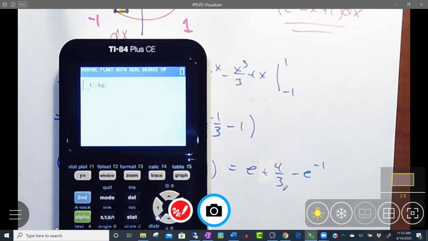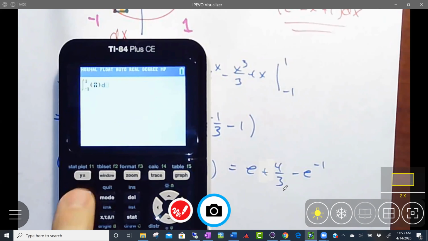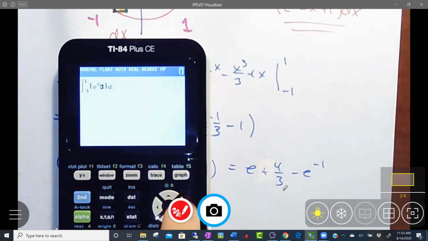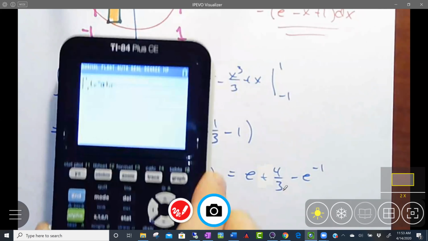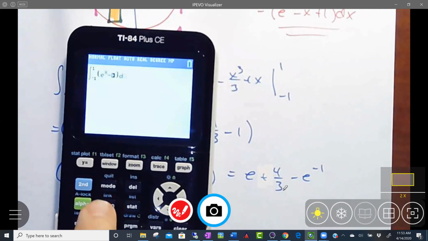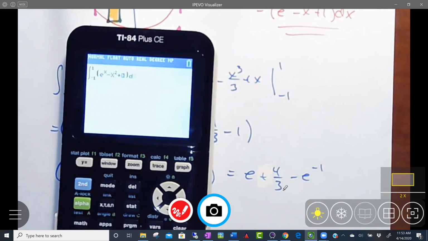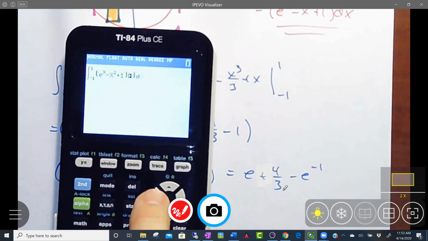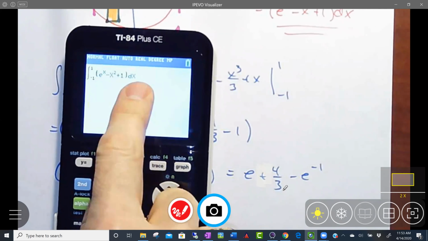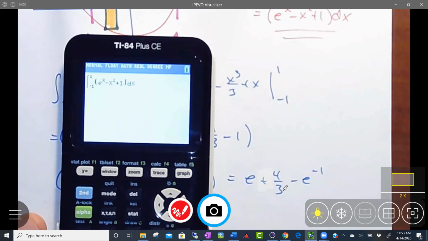So we want to go from -1 to 1 of e to the x minus x squared plus 1. And then you got to tell it what variable you're integrating with respect to. So that'd be dx.